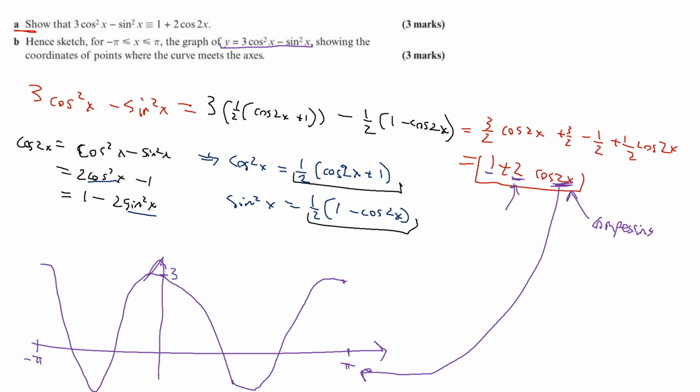Because of this, we are stretching. And because of the plus 1, the y-intercepts are going to be minus 1 and this is going to be 3. So we shift up by 1. So all this is using the rules of transformation of functions.